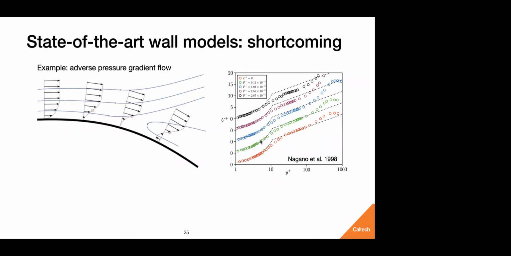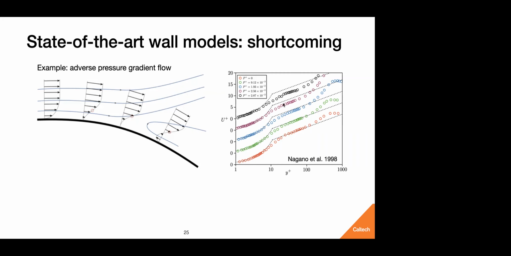And you can see it even further in this plot on the right, where for this red case where you have a zero pressure gradient, the mean velocity profile lies on this dashed line, which is the log law or the law of the wall. And as you start increasing your pressure gradient, you see deviations happening.